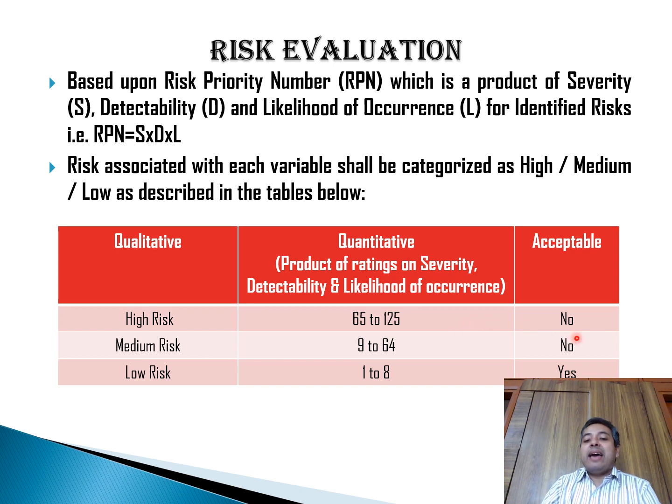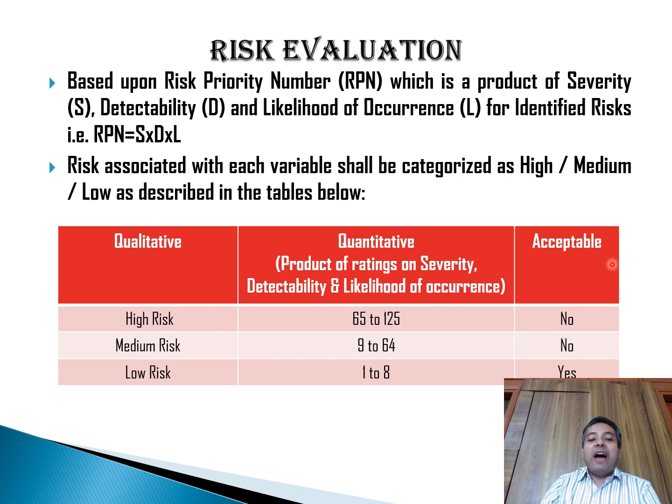And as I have told in the process for QRM as per ICH Q9 guideline, you can remember that such risk cannot be accepted. Risk mitigation plan is required so as to reduce the risk into low risk after completion of all the required action plan based upon the risk mitigation plan.